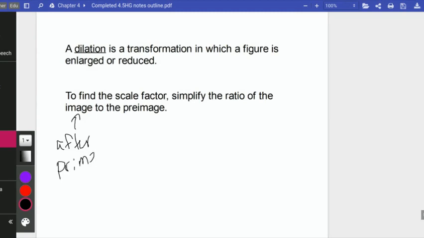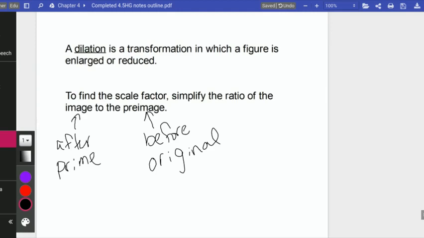And the pre-image is the before, the original. So if we are given two shapes and we're trying to find the scale factor, we take a measurement or some information from the image, the after, and we divide that by the pre-image and we just simplify it.